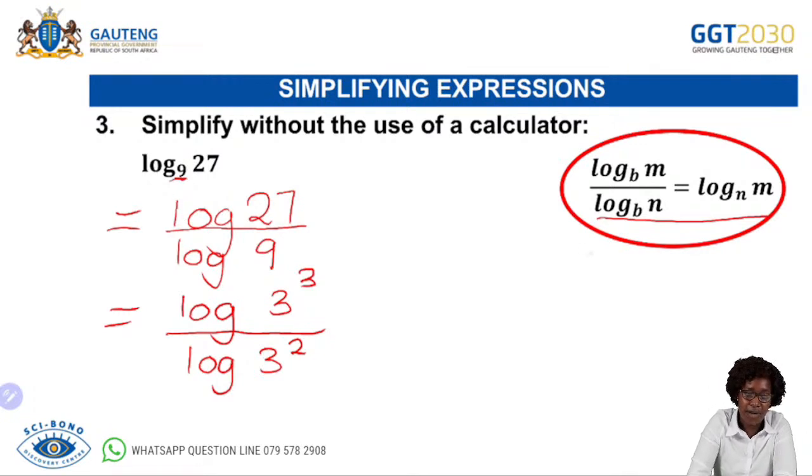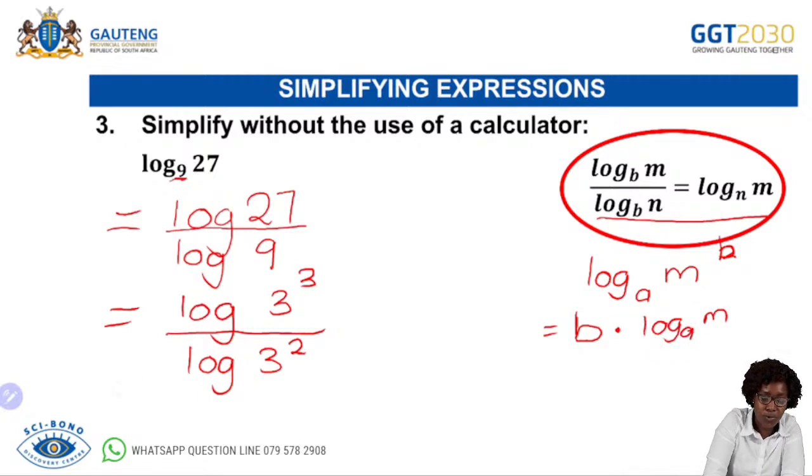If I have log to base a of m raised to the power of b, to simplify this, I am going to take down the exponent there and write it as b multiplied by the log of m to base a. So that's simply what we're going to do here.